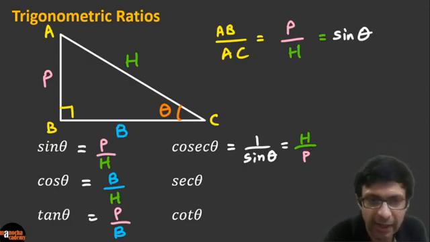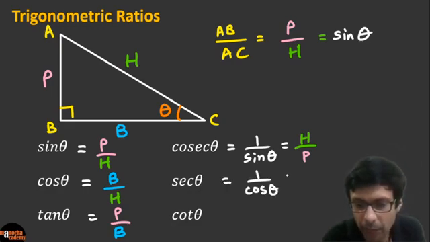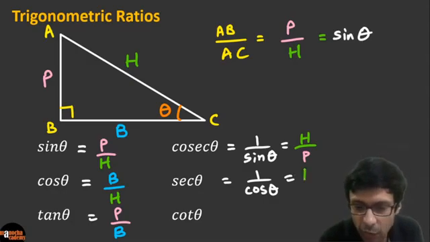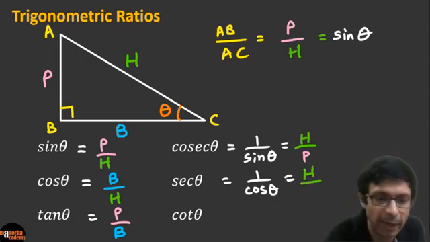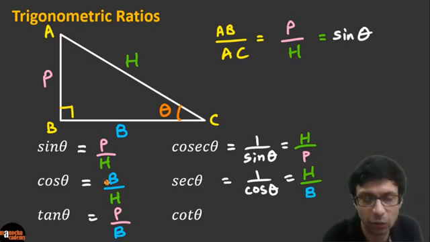Now what is sec theta? Sec theta is defined as 1 by cos theta. Okay, so these are the definitions again, and it's the reciprocal of cos theta. So simple, it's going to be, if you see, hypotenuse by base. We are just going to invert this guy here, right? We are just inverting this. So pretty simple.